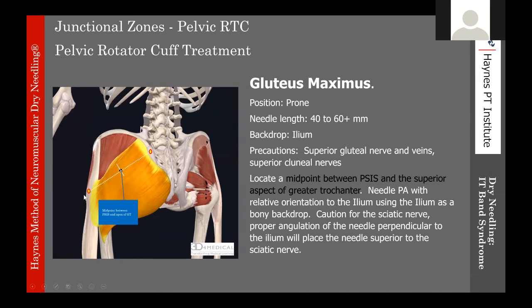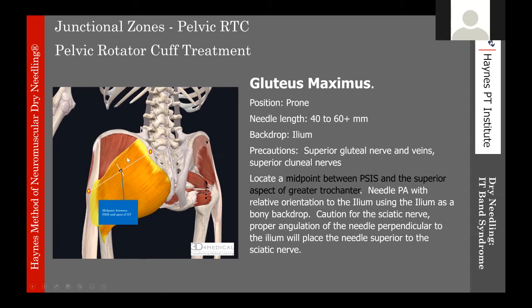For glute max, I'm going to locate the greater trochanter and the PSIS, and I'm going to draw a line between the two, and at a midpoint, I'm going to be able to use that as my reference. I'm going to drop needle through glute max. I'll actually drop through glute max, glute med, and I may catch some posterior fibers of glute min. This is what I call a magic spot.